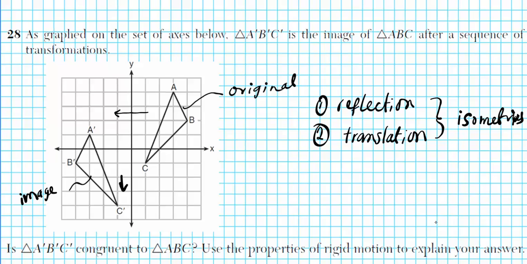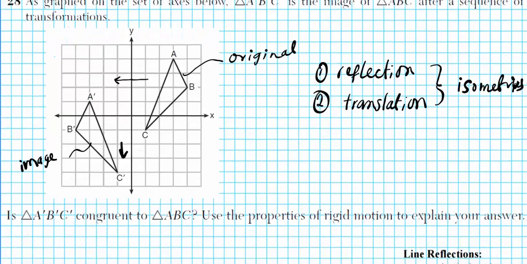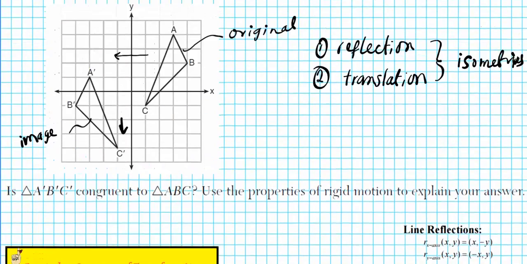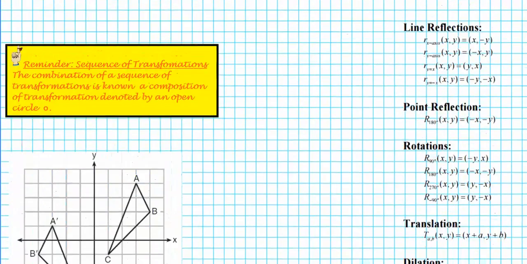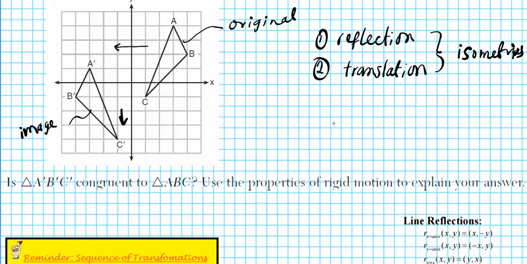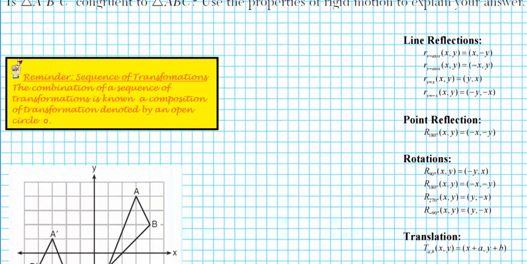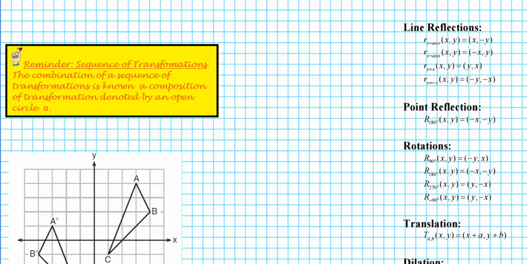But what I want to do is a real quick review on composite transformations, a composition of transformations. We talked about the reflection here along the y-axis, not y = x. So we have a formula for that. For the reflection along the y-axis, you use this formula right here.